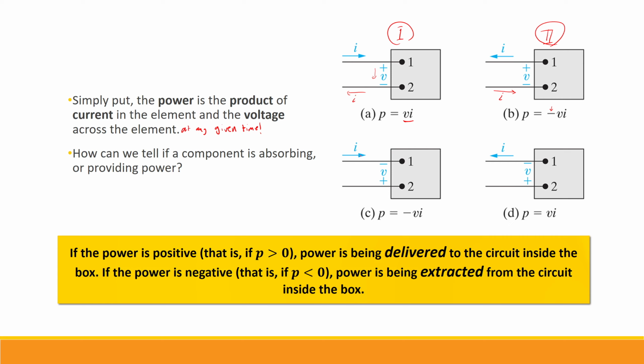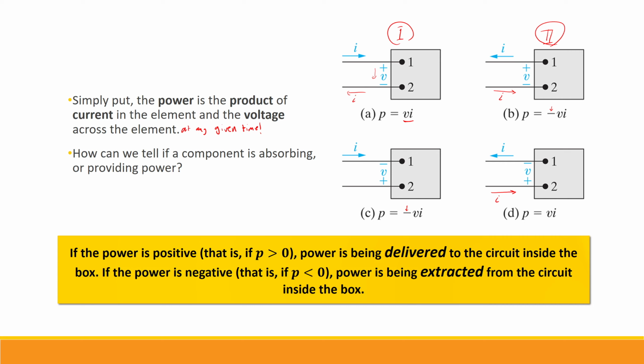Here you have the arrow going through the negative side of the voltage. So because of that, the equation for power has a negative sign in front of it. On the other hand, here you have the arrow direction going through the positive side of the circuit element.